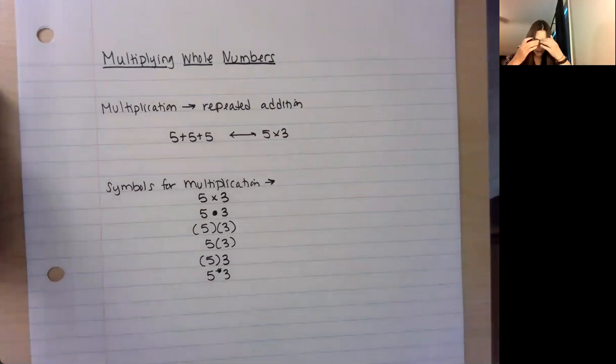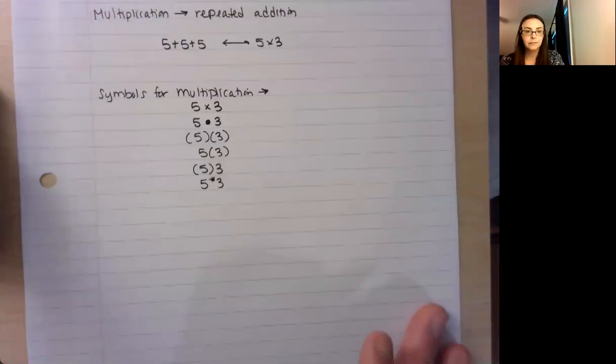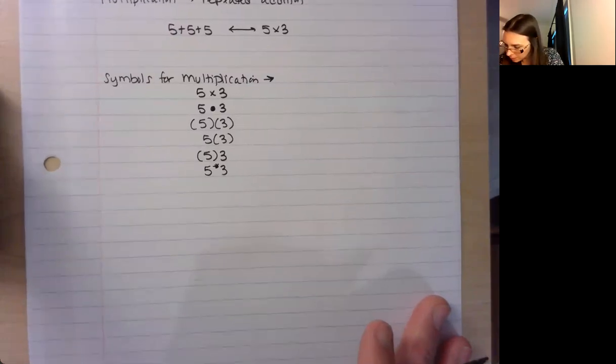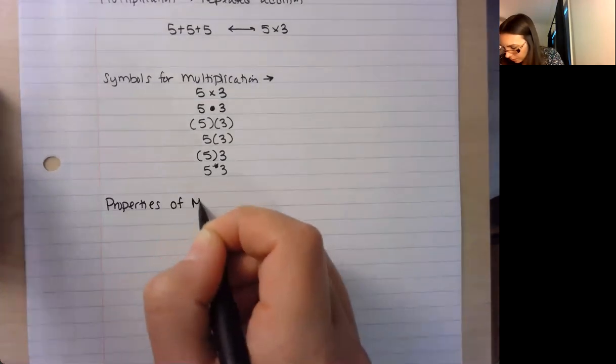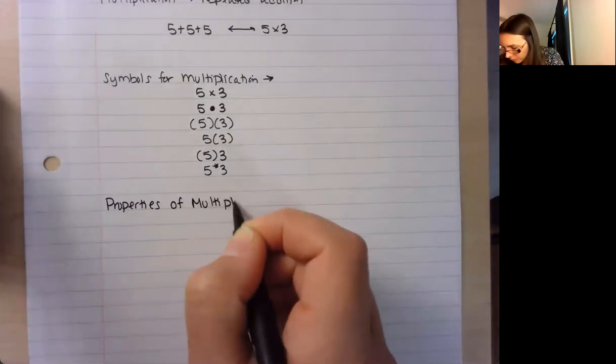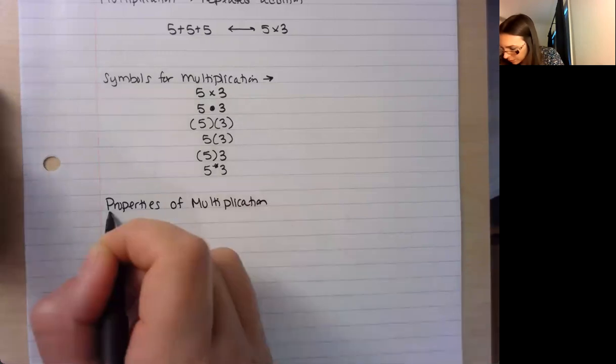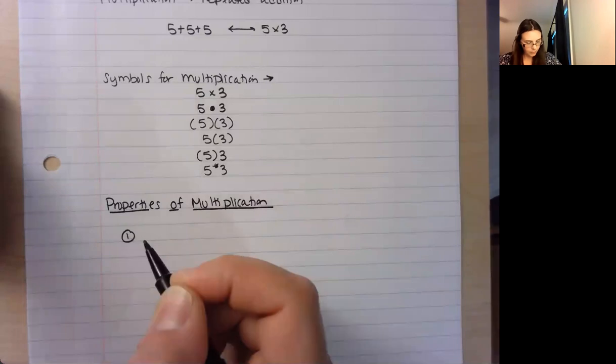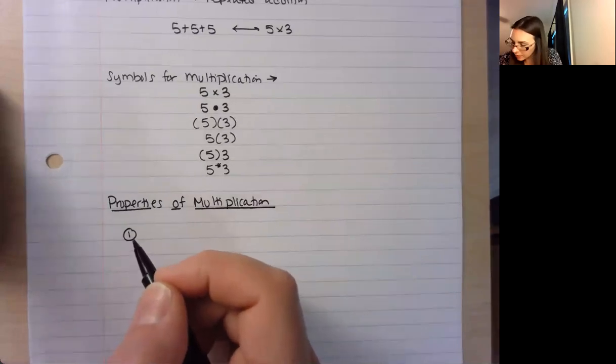Okay, so let's talk about some properties as well. So the first property is the multiplication property of 0.